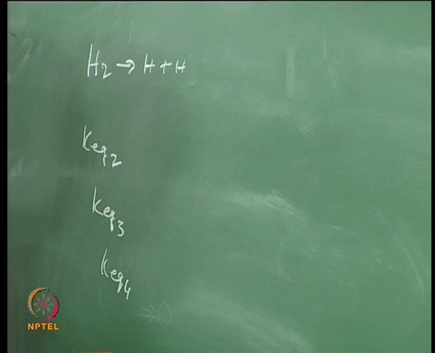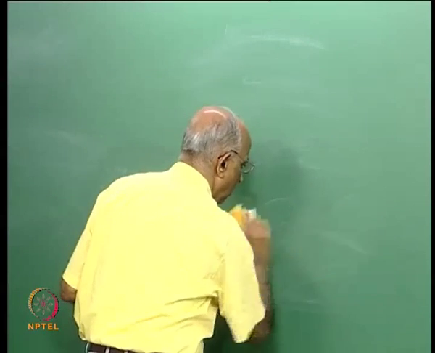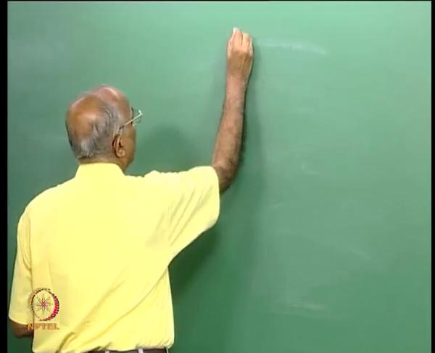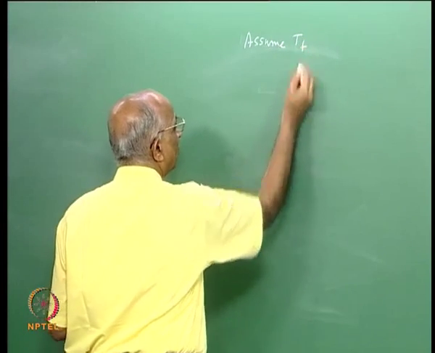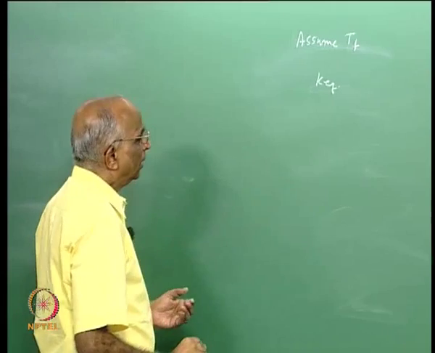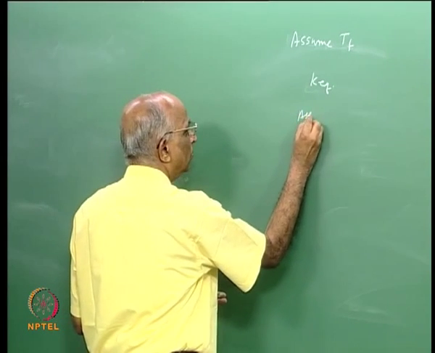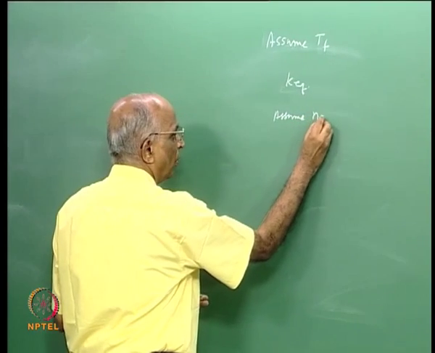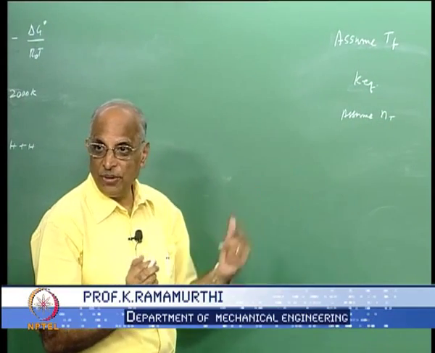Let us put these two iterations together. To begin with, I assume the value of Tf, then I determine the values of K equilibrium. Then once I have determined K equilibrium, I again assume the value of the total number of products which are available based on stoichiometry.